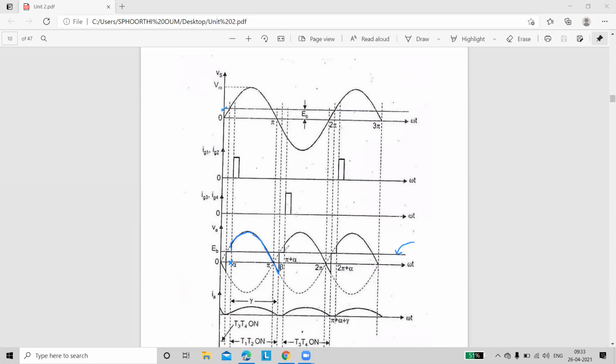And the same thing is going to be repeated here. Just think it once. I am drawing the output voltage, how it is going to exist. It is right or not? Right, madam.